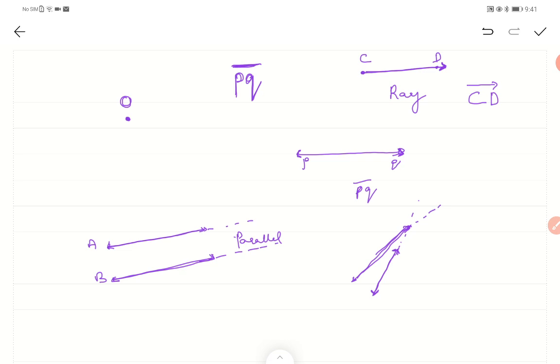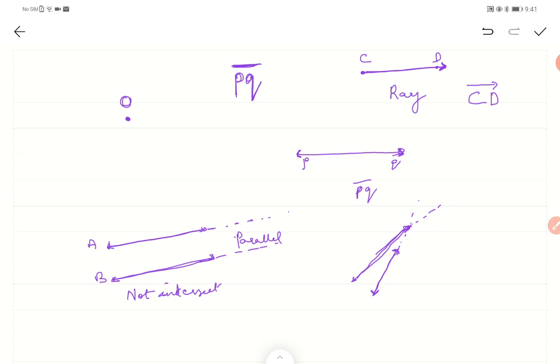Whereas parallel lines, if you extend them to infinity, will not meet at any point. Parallel lines will not intersect, whereas other lines which are not parallel will intersect at some point.